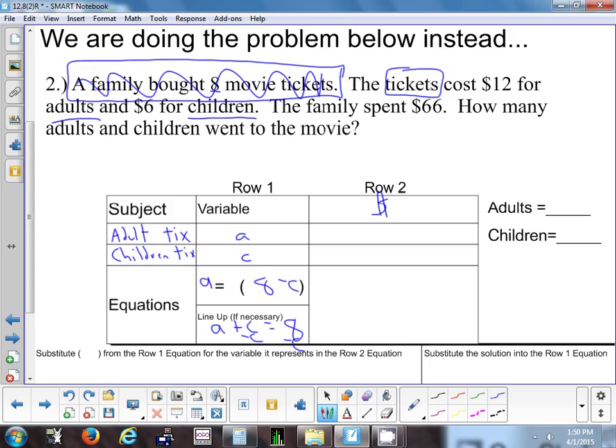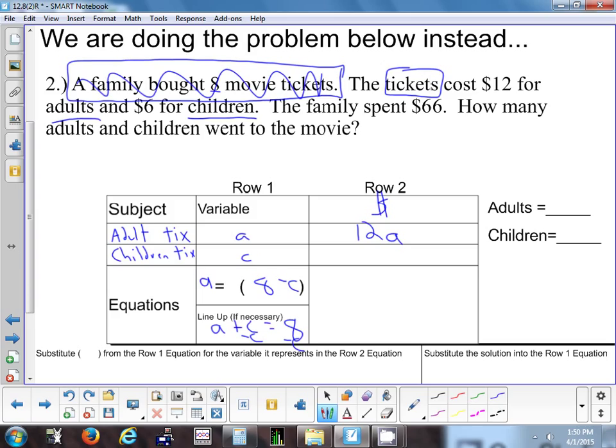What's going to go there, Ben? How much is an adult ticket? 12, right? And just like I did with the money yesterday with the coin problems, what do I have to attach to that? What's the variable for adult tickets? Hey, nice, good. That's your cost times an amount.